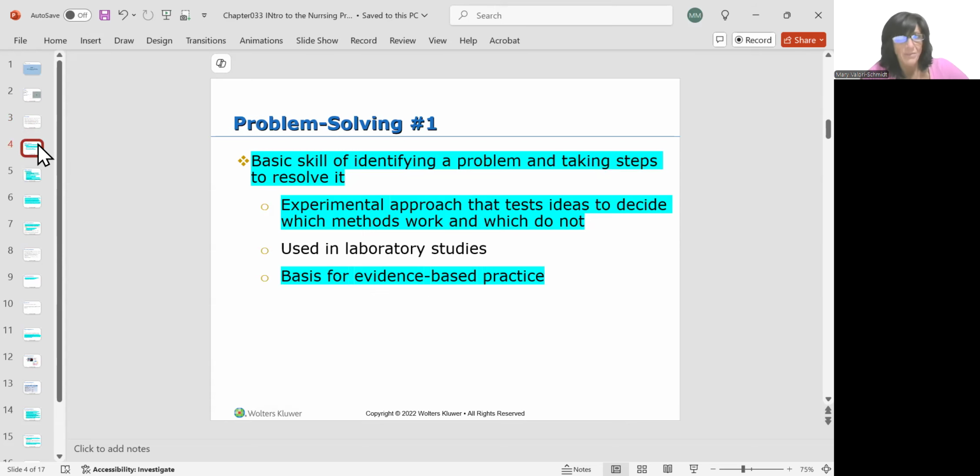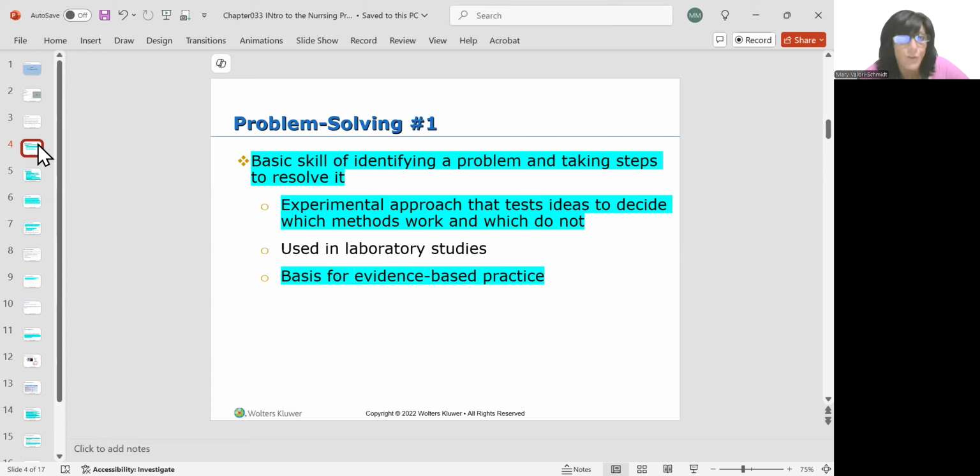So what's problem solving? It's the skill of identifying a problem and then taking steps, methodical, scientifically based steps to resolve it. We use an experimental approach that tests ideas, and that's how we decide what things work and what things don't work. And this is what we use for evidence-based practice.